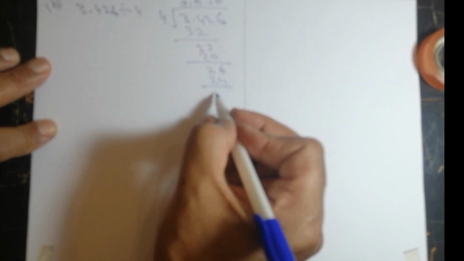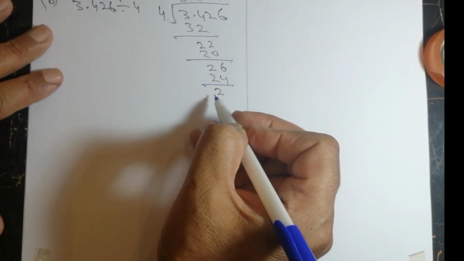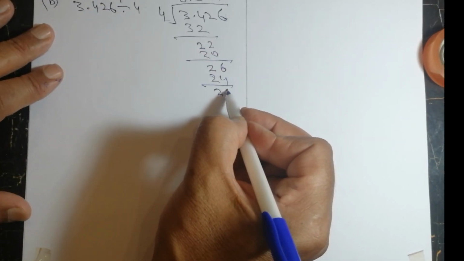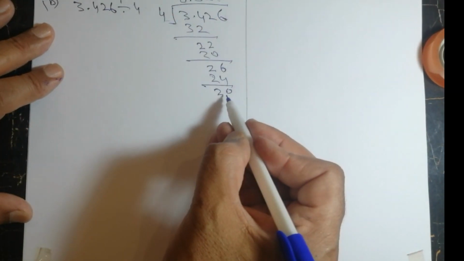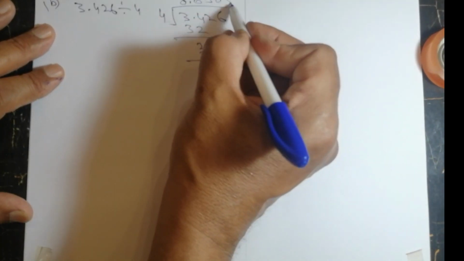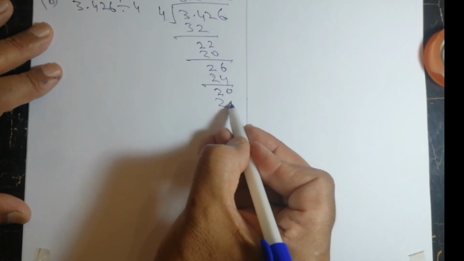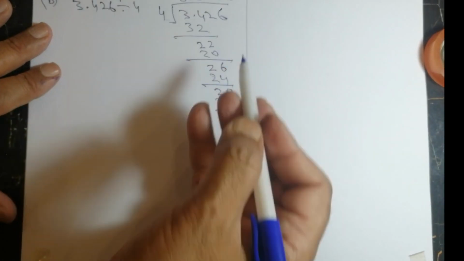So 6 minus 4 is 2. So 2 is smaller, we can place 1 0 here, because there is already a decimal, so we can put 1 0. So 4 5s are 20. So this is the answer. So this was the division method.